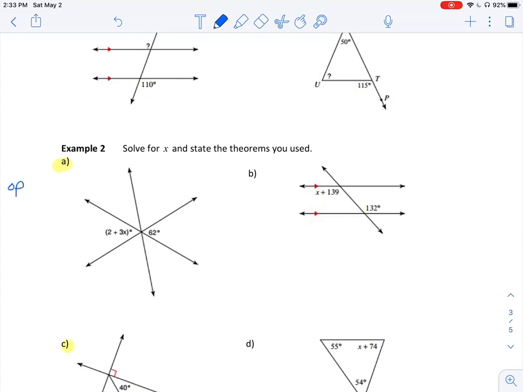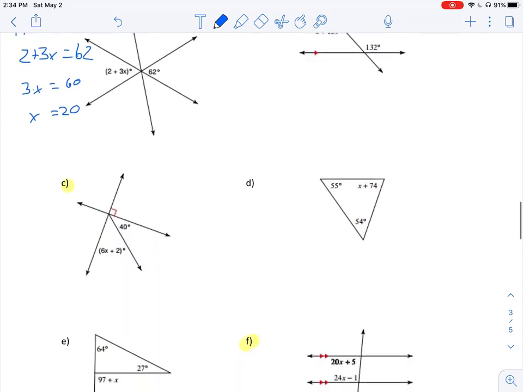I can see the opposite angle theorem, which means that 2 plus 3x would be equal to 62. Now this looks like a format that we can solve. I could then go 3x equals 60, x equals 20. So then my variable would be 20 in terms of finding the angle using our opposite angle theorem.